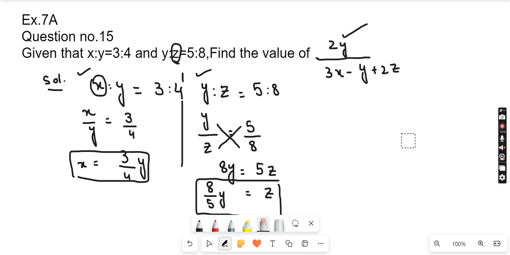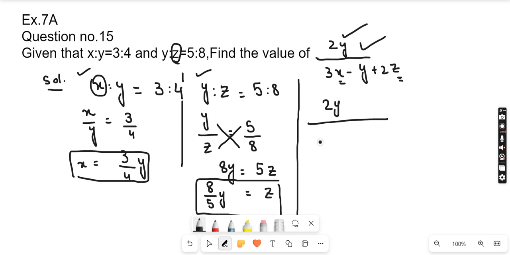We calculated the value of x and z from here, and why we are calculating it would be very clear from the statement. Now we will use the value of x and the value of z in this fraction whose value we have to calculate. So we'll write 2y as it is. In place of x we will use 3 by 4y.